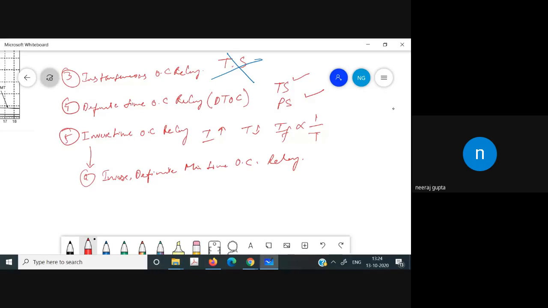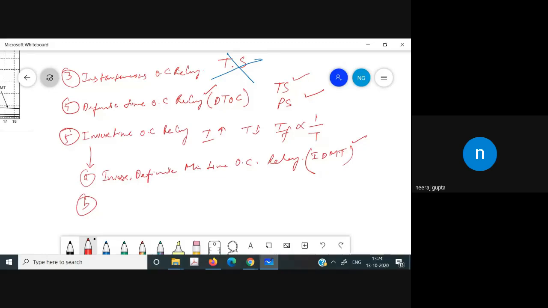So the inverse definite minimum time overcurrent relay is also known as the IDMT relay. These are mainly used: definite time and IDMT relay. These relays can be realized by using a microprocessor.